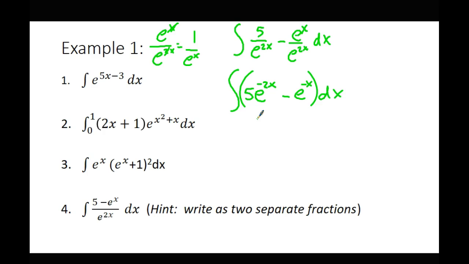Now, what we're going to do is we're going to take this integral and we're going to do each piece separately. And that's it. That's the big aha there. The rest of it's pretty straightforward. So, sometimes you can split it up. I rewrote them. And after that, it becomes easier.